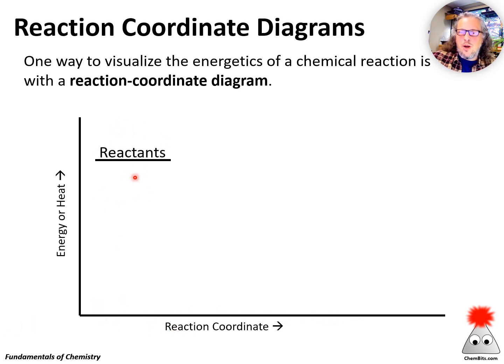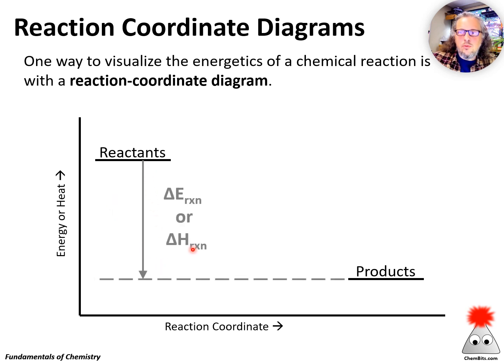So my reactants are at the beginning of my reaction coordinate, and as my reaction proceeds, I get to the product side. Comparing these two heat levels, we can look at delta E or delta H of reaction and use this as a way to visually compare reactants to products.